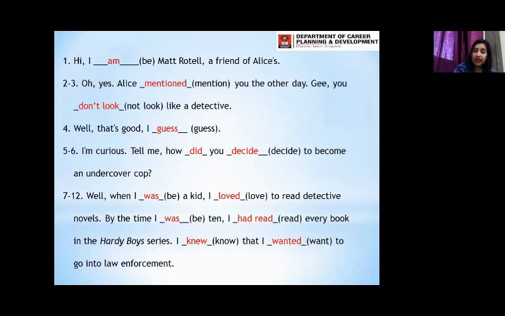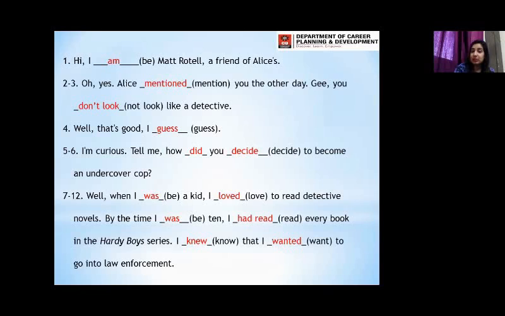Next, "By the time I was 10, I had read every book in the Hardy Boys series." So again, he's mentioning something about the past, what he used to do. At the age of 10, he was younger than he is now, so that is part of the past tense. So he had already read all the books, "so I knew that I wanted to go into law enforcement."